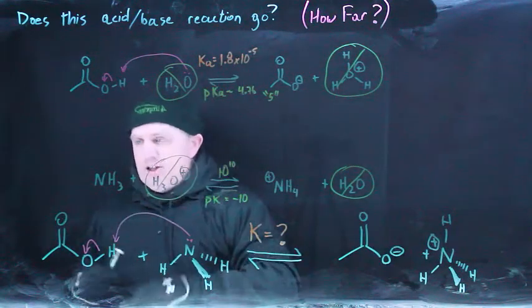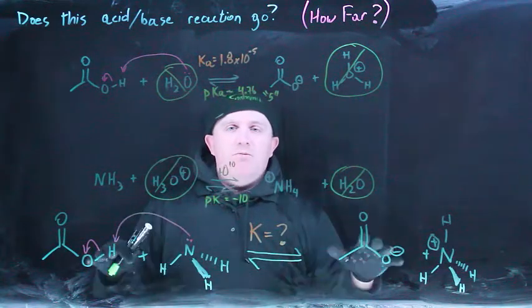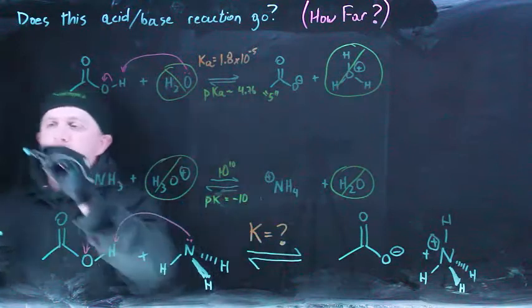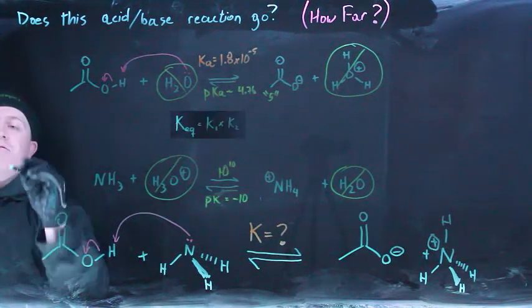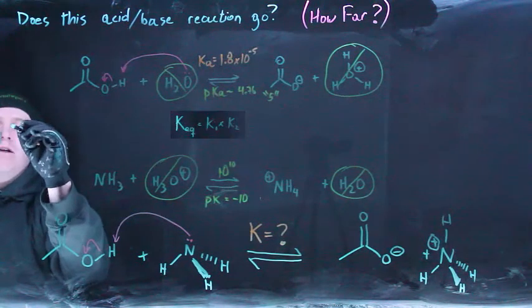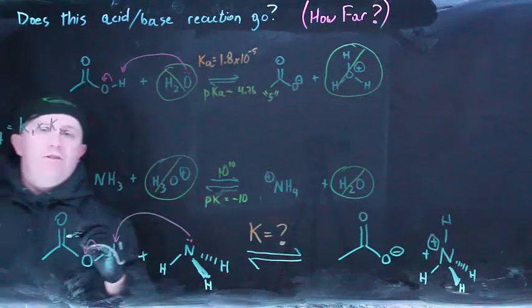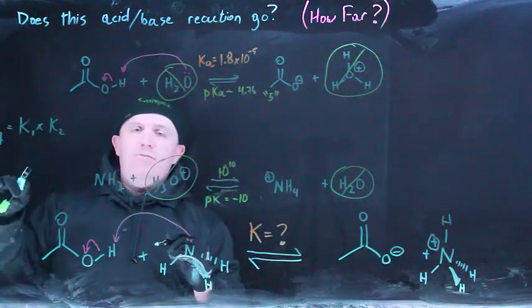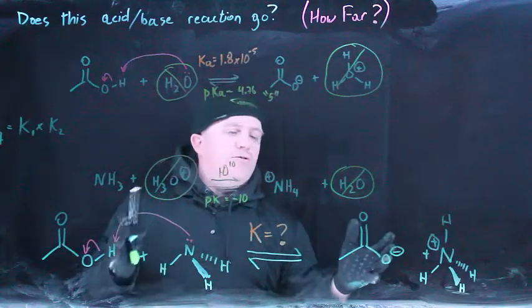So now the key question for you is, what do we do with the equilibrium constants when we add reactions together? And the answer is you multiply them times each other. So the K for the overall expression that we are interested in is basically the two K's times each other. Or if you're thinking in log terms, what that is going to be is the two expressions added together. Now, as for why that might be the case, you can go through the derivation yourself.